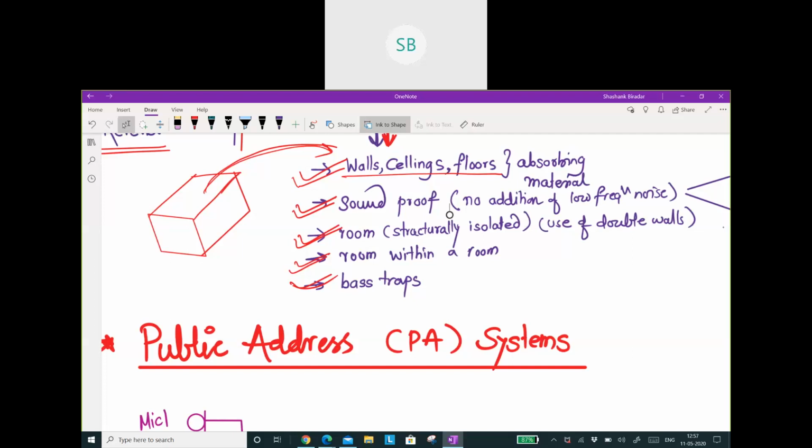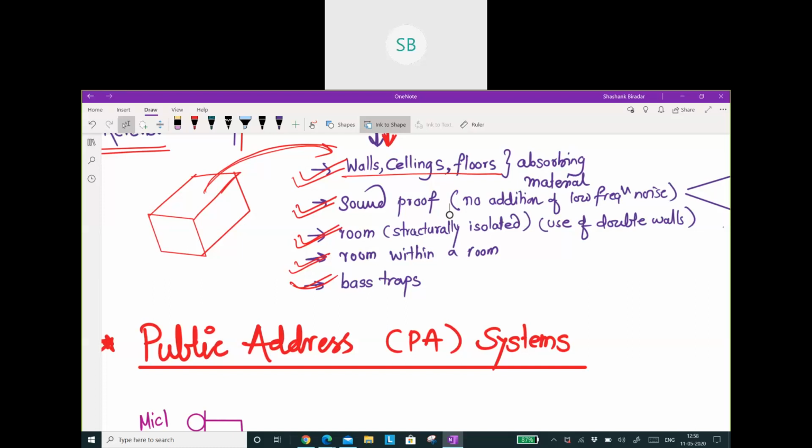Therefore, when a large gathering of people is to be addressed, the sound must be amplified so that people away from the stage can listen comfortably. The system which satisfies this condition is called a public address system.